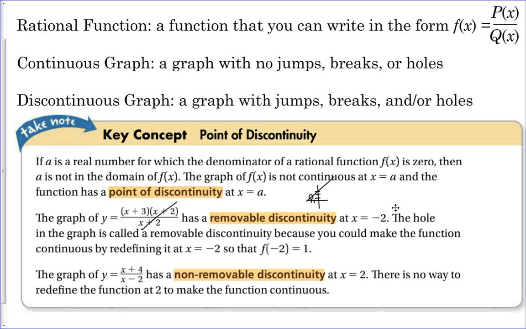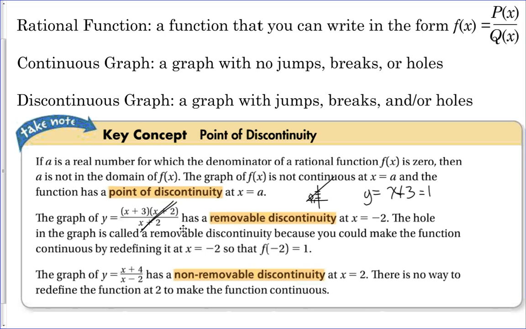All right? But the reason it's called a removable discontinuity is because you can cross this out, and then you just have y equals x plus 3. And if you plug in -2, you're going to get -2 plus 3, which is +1. So at -2, this graph will equal +1.